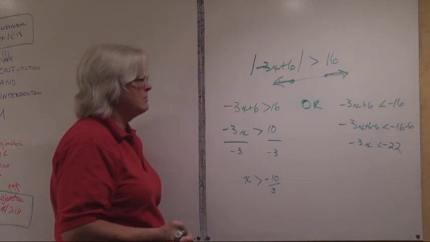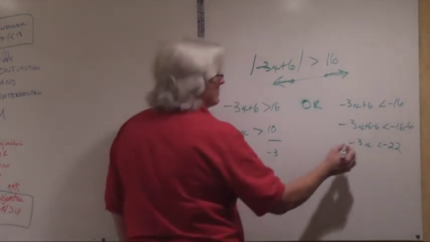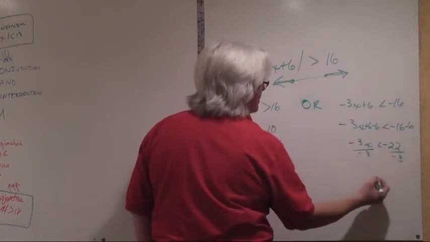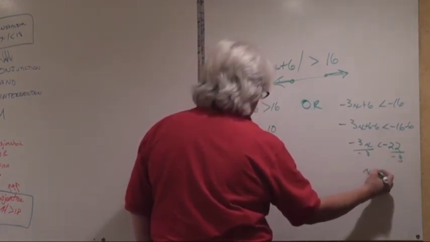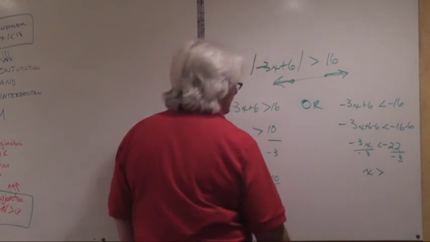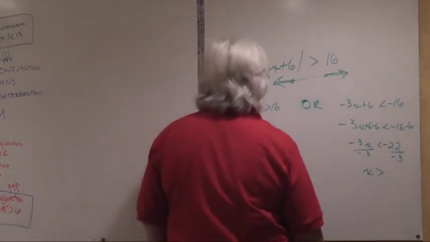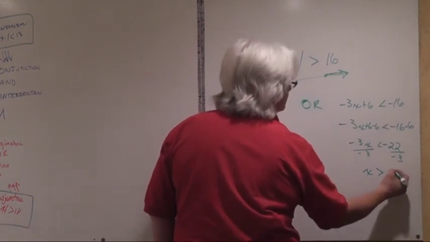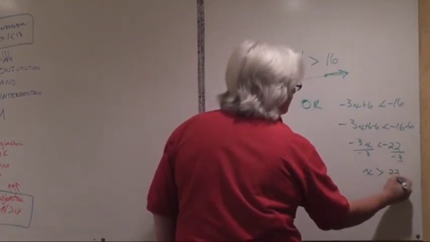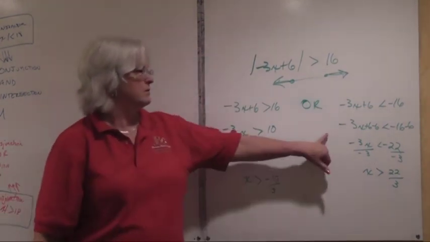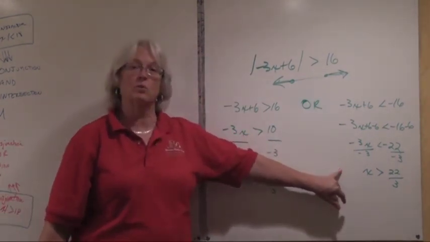We're dividing both sides by a negative 3, which changes the direction of the inequality, and we have x is greater than 22/3. Negative divided by negative is positive. We change the direction of the inequality.